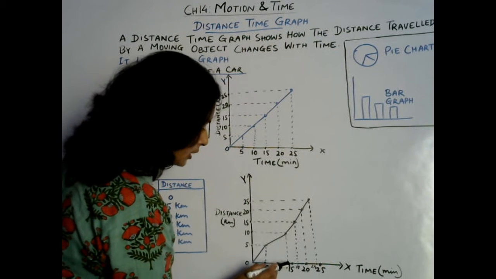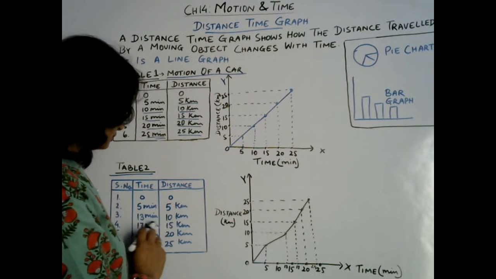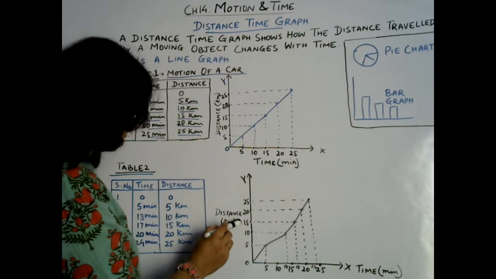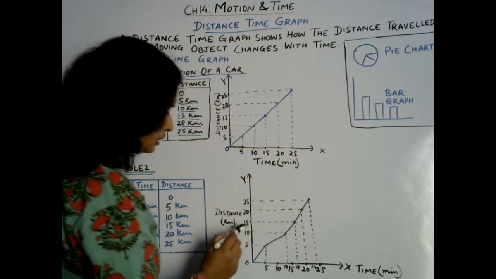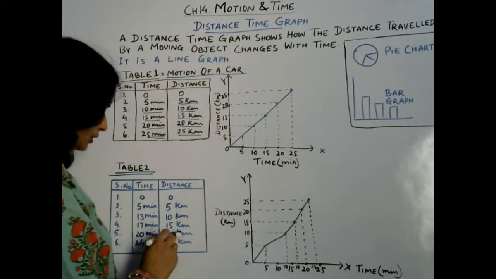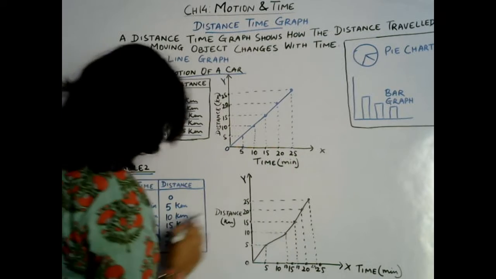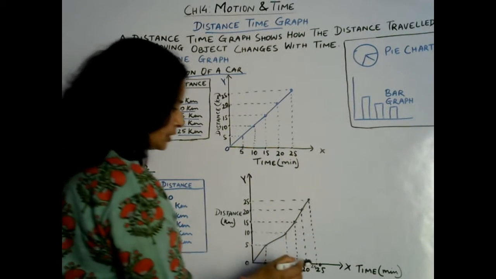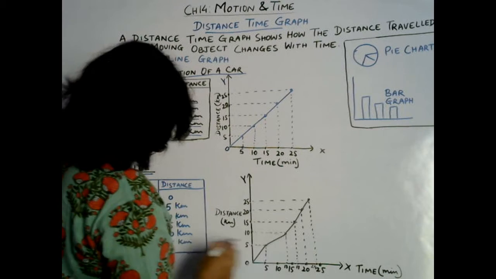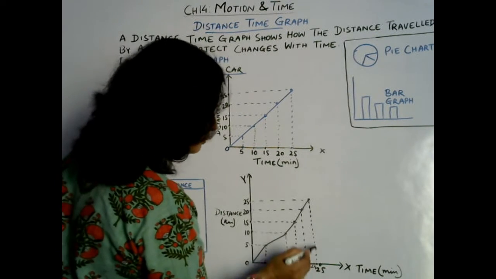So this is 13 minutes, 10 kilometers, then next 15 kilometers in 17 minutes, then 20 kilometers in 20 minutes. This is 20 kilometers in 20 minutes, then 25 kilometers in 24 minutes.